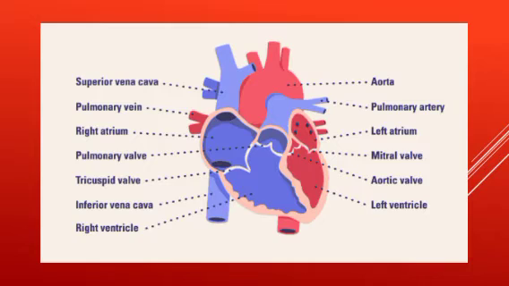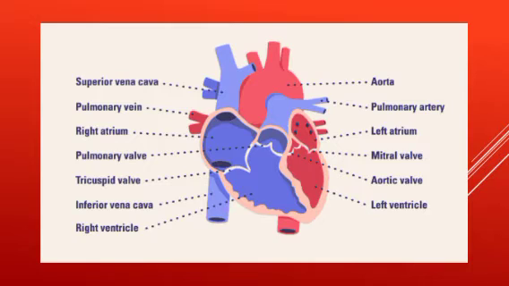Once oxygenation has taken place, this blood will then be taken back to the heart through a vessel known as what? The pulmonary vein. So this pulmonary vein empties this oxygenated blood into the left atrium.